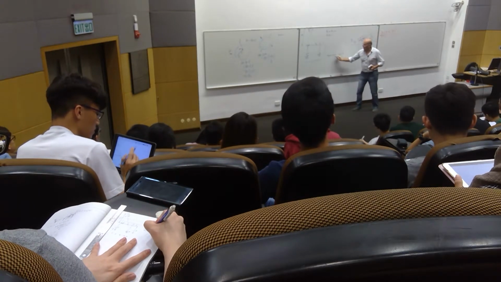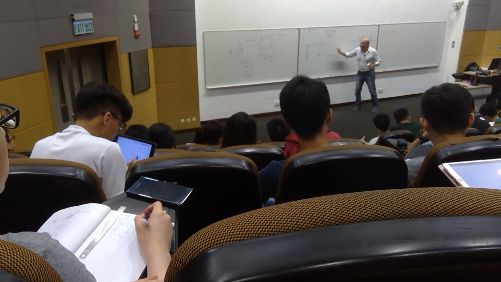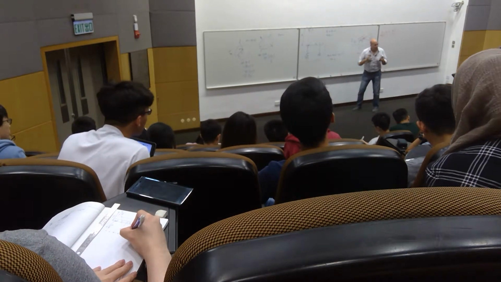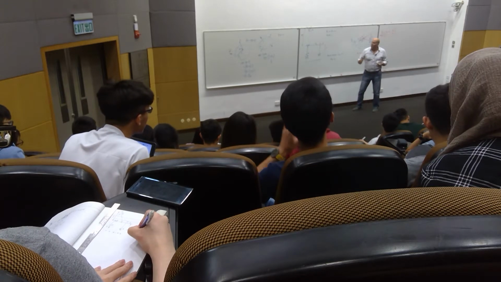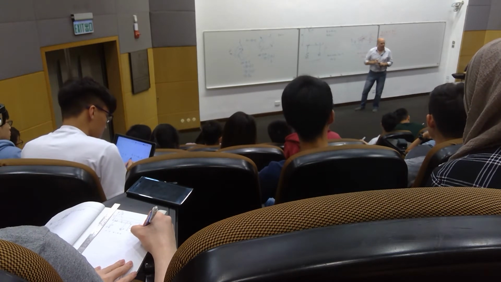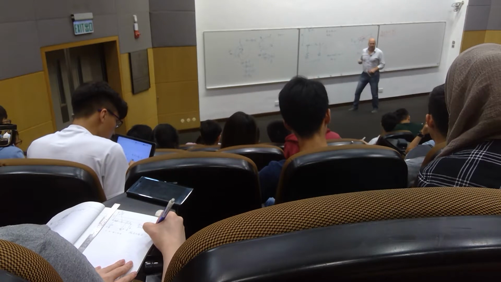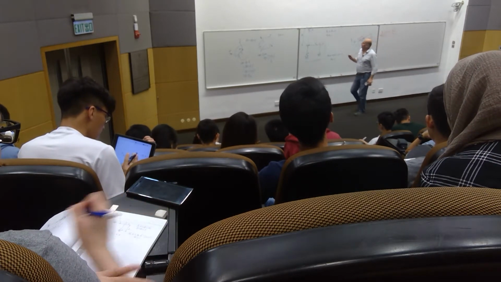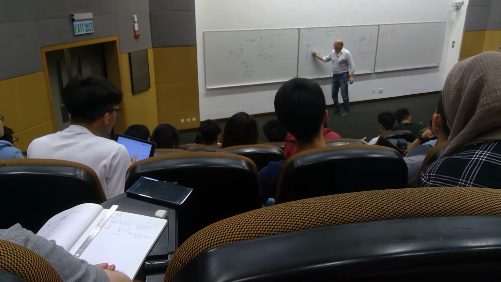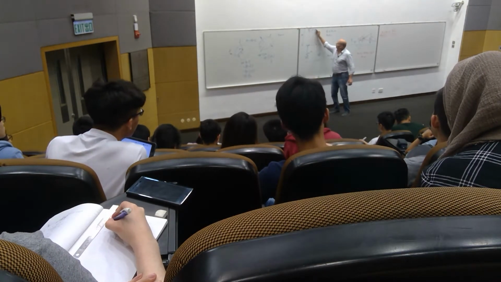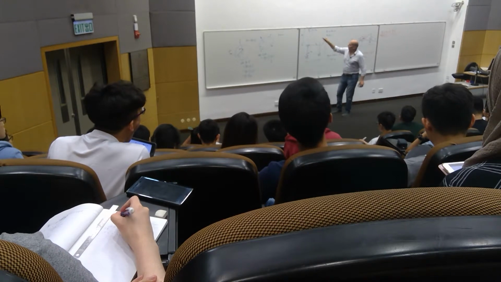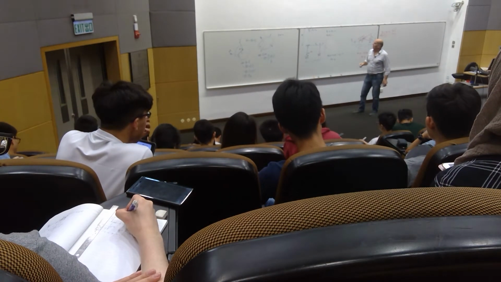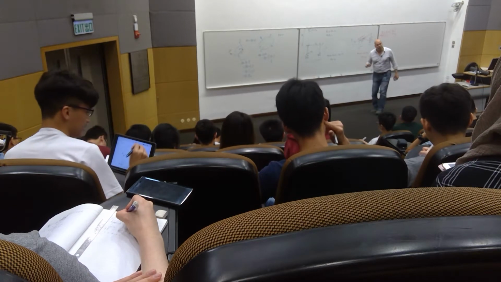But if I make theta 1 and theta 2 sum to 1, then I will get immediately that MB is equal to y. That means I must choose a special theta 1 and theta 2 so that the sum is equal to 1, but they also satisfy this relationship. From here, you can easily find that this number must be 3/4, and this number must be 1/4. 1/4 times 12 is 3/4 times 4.